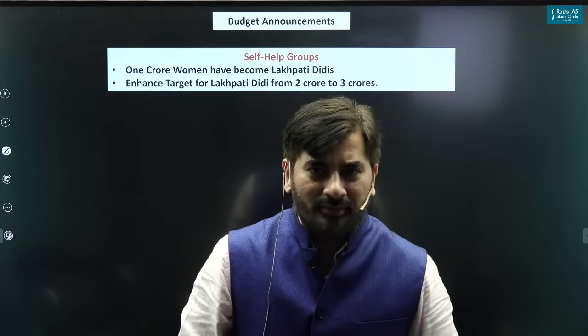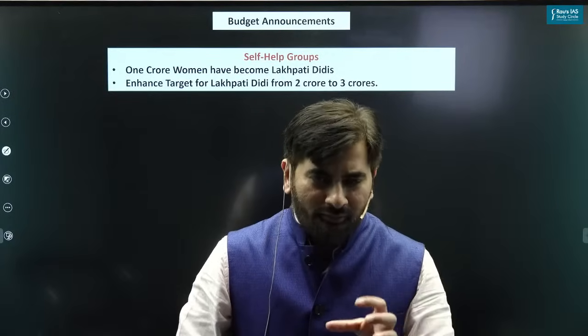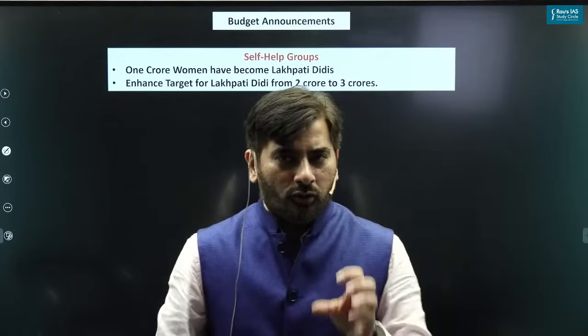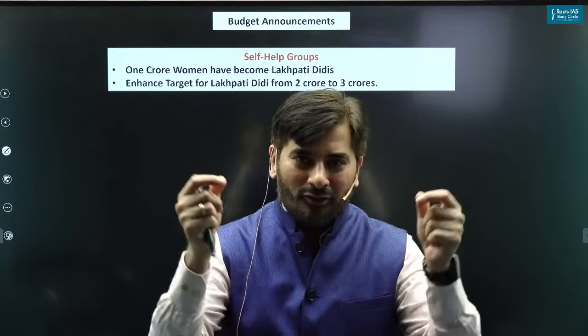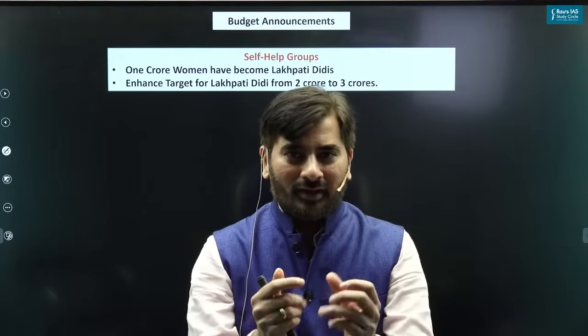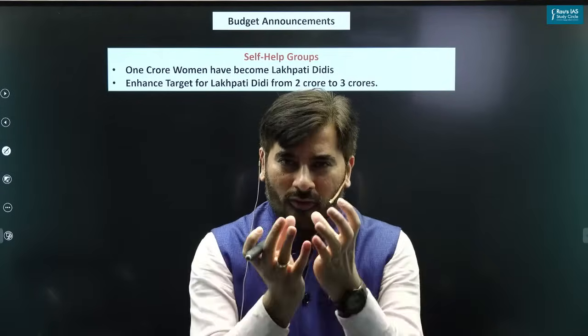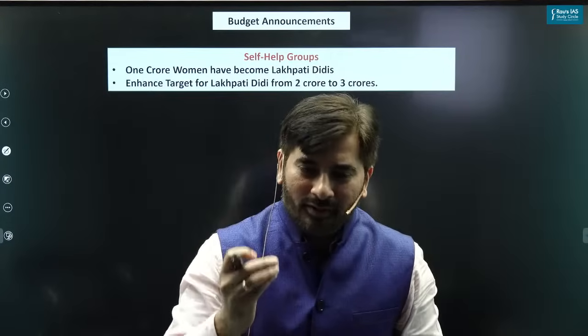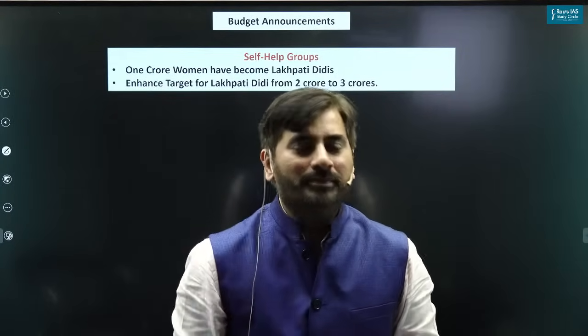You know the basics. You have 10 to 15 women in a village who come together to form a self-help group. After coming together, every woman will contribute some amount of funds, which leads to the creation of a corpus. From this particular corpus, the members of the SHG borrow and lend money among themselves.